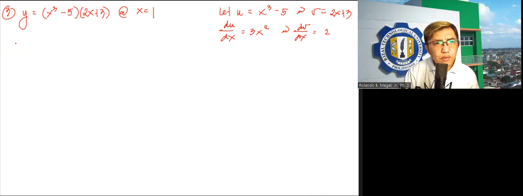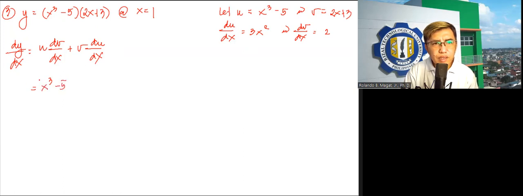Okay? So, dy over dx is equal to, yung formula ulit natin kanina, u times dv over dx plus v du over dx, which is equal to, ang u natin ay x cubed minus 5 times dv over dx is 2 plus ang v natin ay 2x plus 3, ang du over dx is 3x squared.